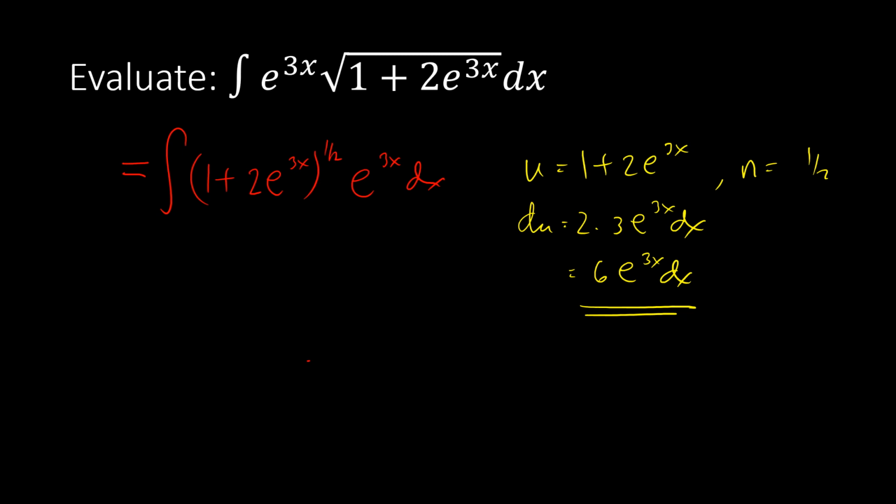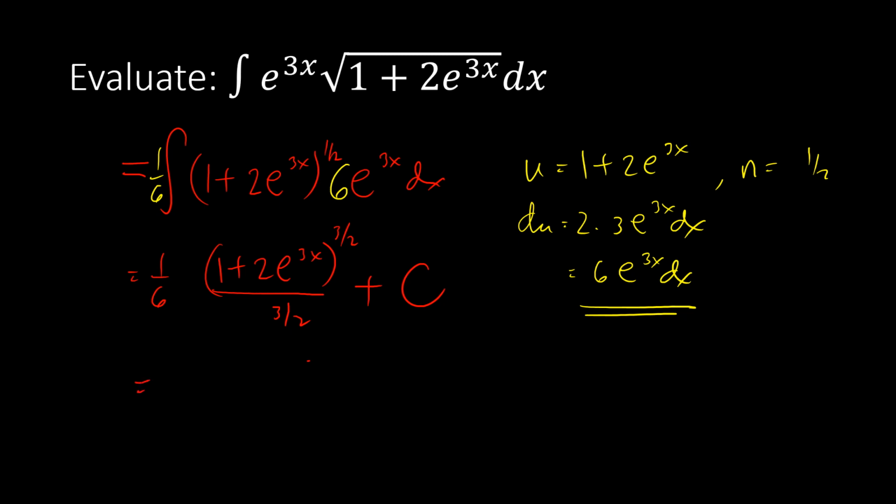We go back to our integral, and the only thing we have involving the differential is e to the 3x dx. It lacks the number 6. So we should write 6 and multiply it by 1 over 6. Again, (1 plus 2e to the 3x) raised to 1 half becomes (1 plus 2e to the 3x) raised to 3 halves all over 3 halves plus c.